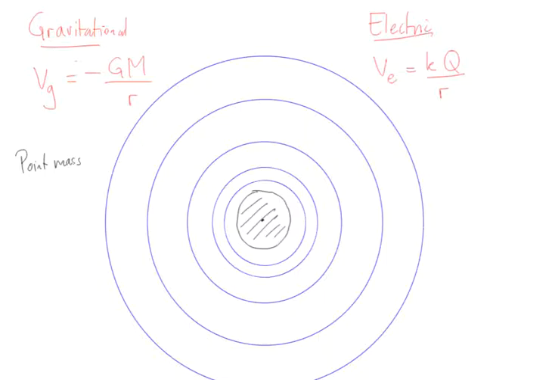So these lines are all equipotential surfaces. Sometimes you might just hear them being called equipotentials, and that is equal to spheres of constant potential.